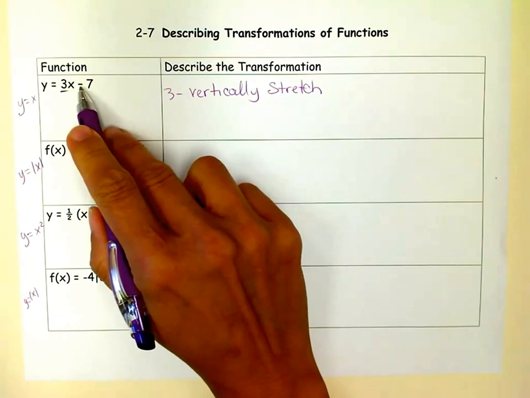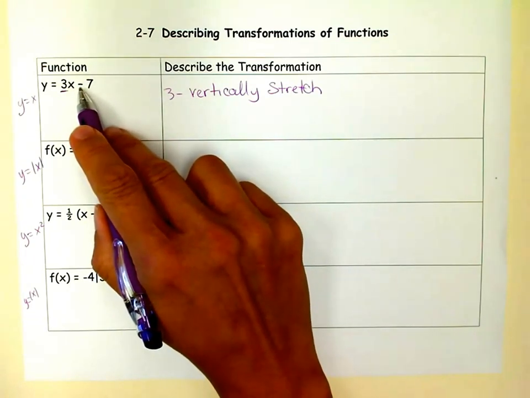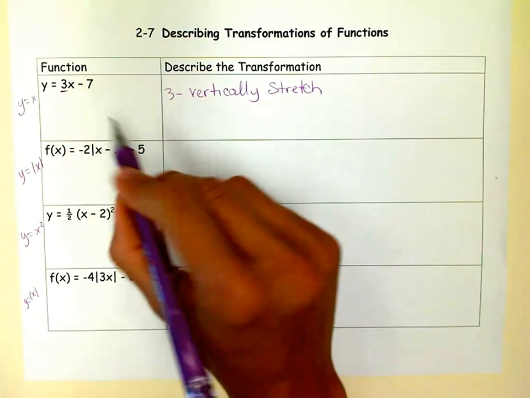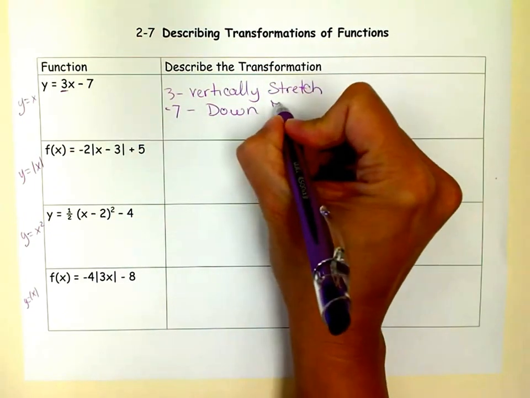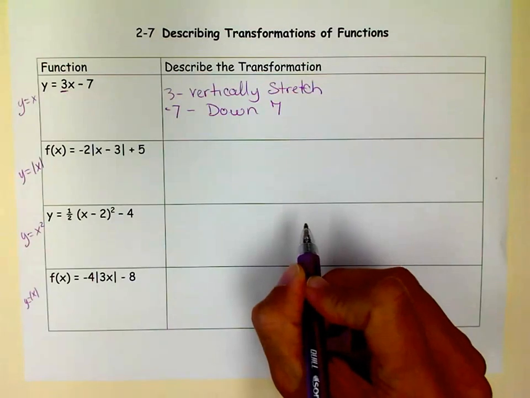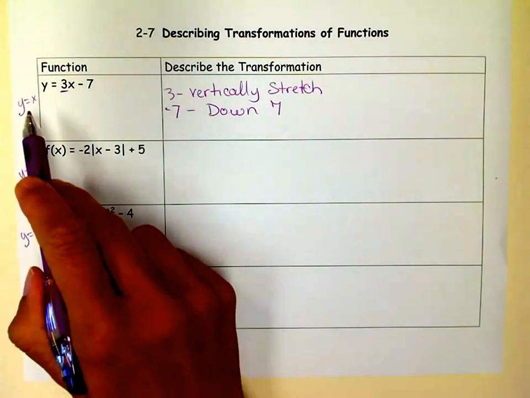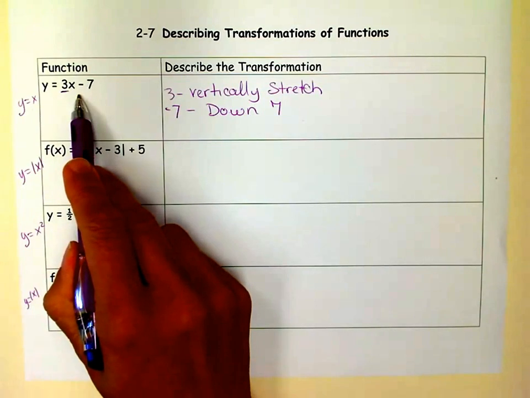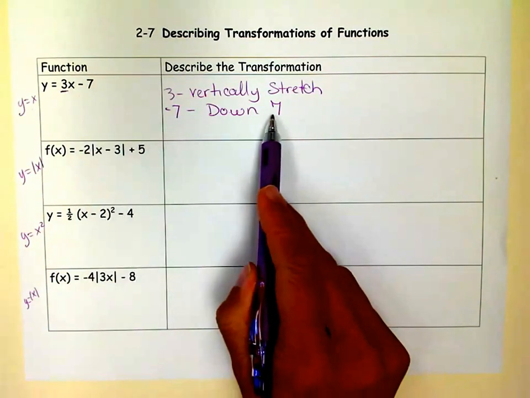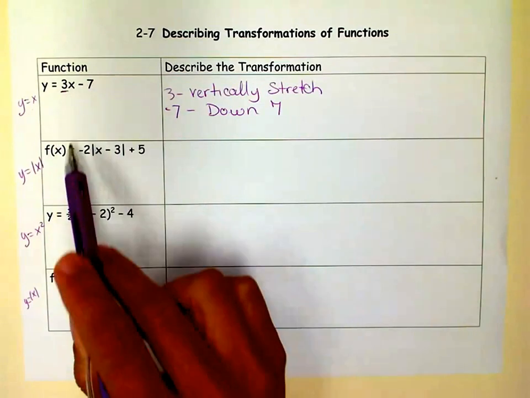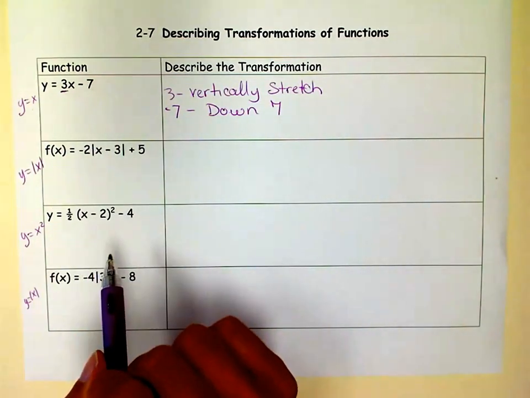The 7 is not in any kind of parentheses, so I know that's an up and down movement, and since it's a negative, the -7 tells me I moved down 7. So that is how that one is transformed. That's the difference between graphing y equals x and graphing 3x minus 7. Your graph's y-intercept would be down 7, and the slope would be steeper, a factor of 3 steeper.